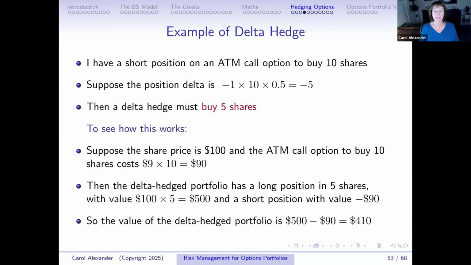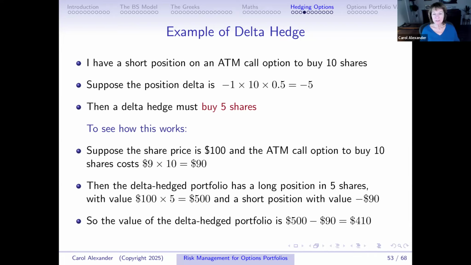Suppose the share price is $100 and the at the money option to buy 10 shares is going to be about 10% of 1,000, isn't it? Because at the money call options are about 10% of the underlying, and the option is to buy 10 shares, so that value is 1,000.